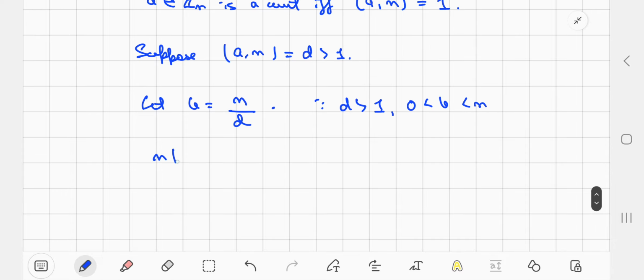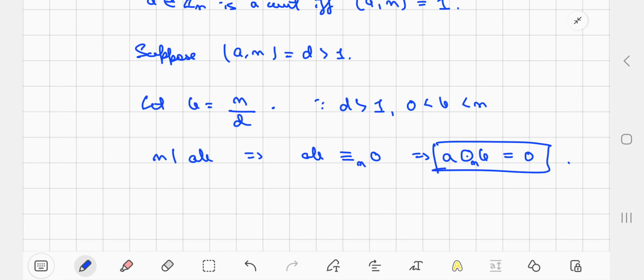But observe that n will then surely divide AB, which implies AB is congruent to 0 modulo n, which means that A multiplied with B in terms of multiplication modulo n is 0, which means that A and B are zero divisors. Clear?